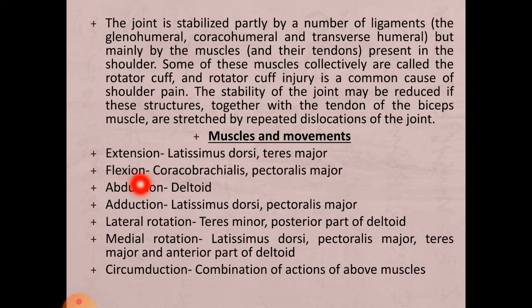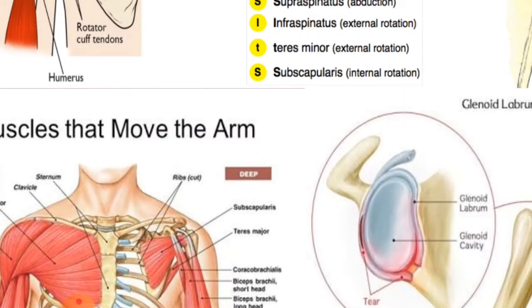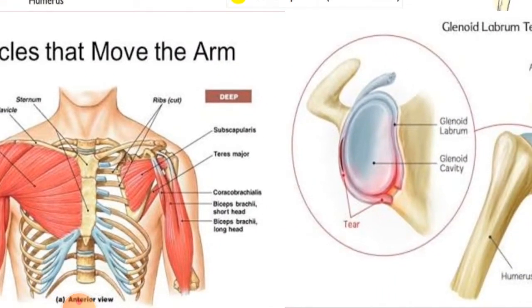Next we have the flexion, and for the flexion we have the coracobrachialis muscle and the pectoralis major muscle that are involved at the shoulder joint. So here we have the coracobrachialis muscle, and you can see that it is arising from the coracoid process of the scapula and inserting into the humerus.